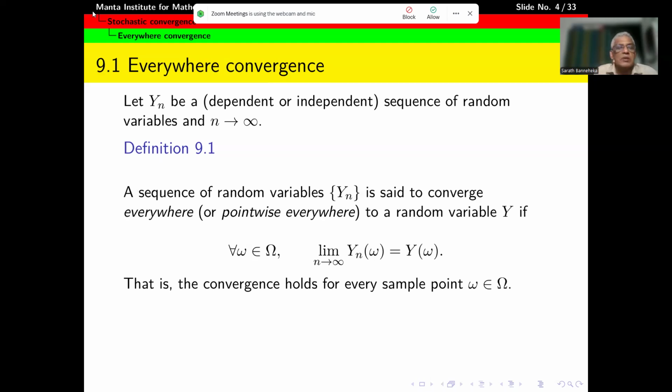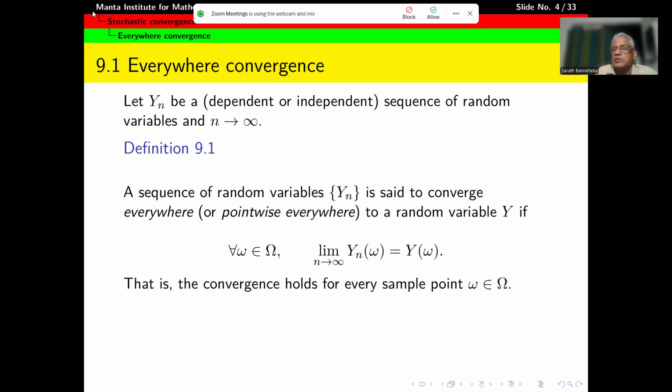Now, a sequence of random variables Yn is said to converge everywhere, or sometimes called pointwise everywhere, to a random variable Y if for all omegas, that means all the outcomes in capital Omega, that is the sample space, the limit of Yn(omega) as n goes to infinity equals Y(omega).